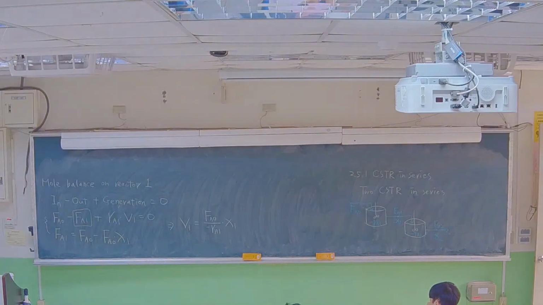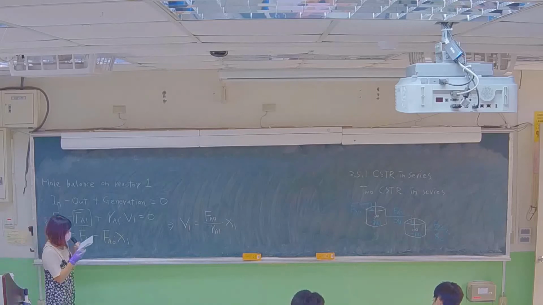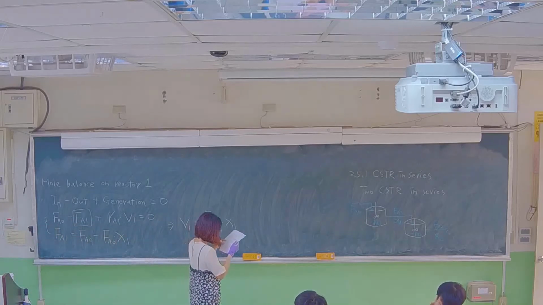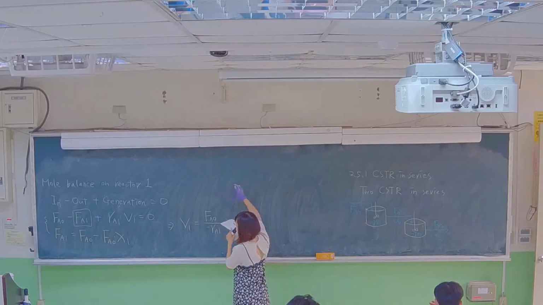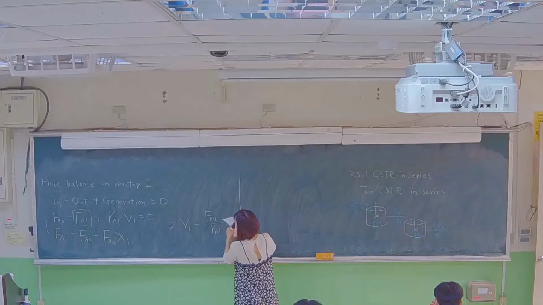You can write down at slide 28. Next slide. For the second reactor, reaction rate of A is minus RA2, okay? The conversion is X2.